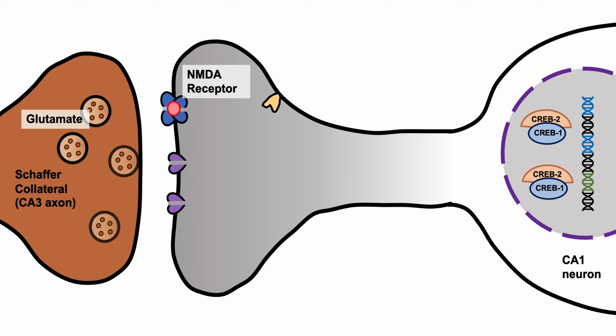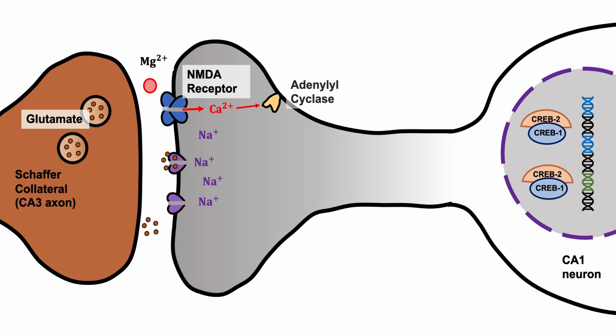Intensive signaling from the presynaptic end causes enough depolarization of the postsynaptic membrane, releasing NMDA receptors from magnesium clogging and allowing calcium to flow into the cell. Calcium influx could then activate protein kinases.